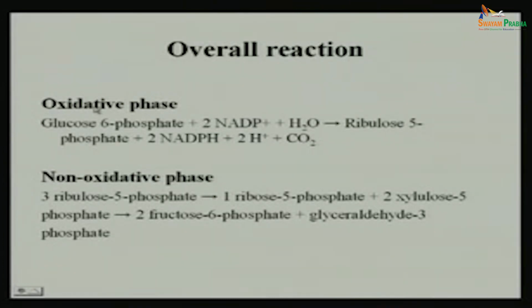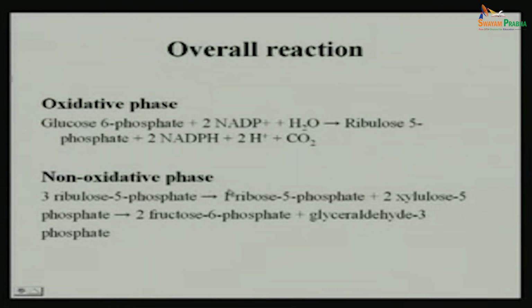Now the overall reaction, if we see, glucose 6-phosphate plus 2 molecules of NADP and 1 molecule of H2O is releasing ribulose 5-phosphate plus 2 NADPH plus 2 hydrogen and 1 molecule of carbon dioxide.